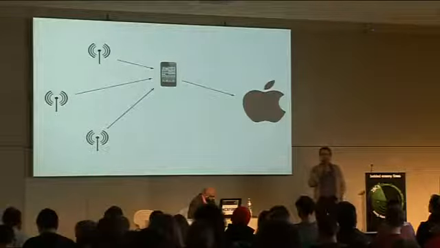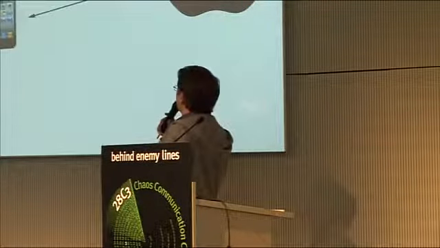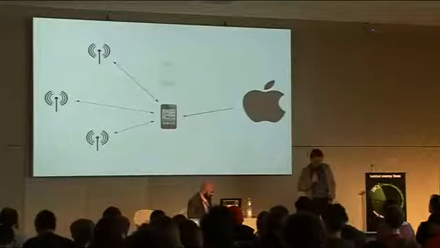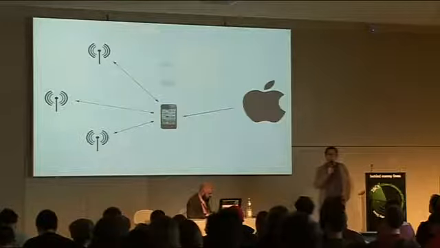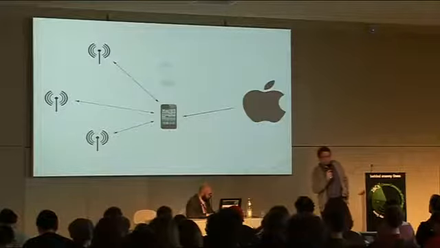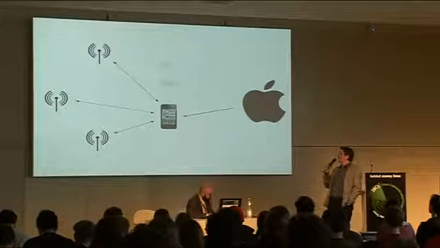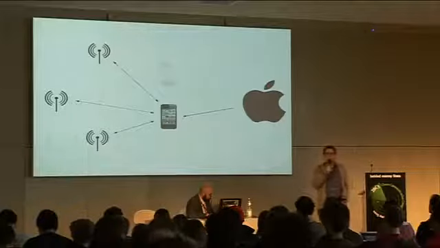And Apple generates a map of Wi-Fi stations all over the world. It then sends this data to iPhones, and these iPhones use the location of the Wi-Fi stations to triangulate their own position. So it's basically like GPS, but it's called WPS. It's a Wi-Fi positioning system. And it's cheaper, easier, faster than GPS, and uses less battery.